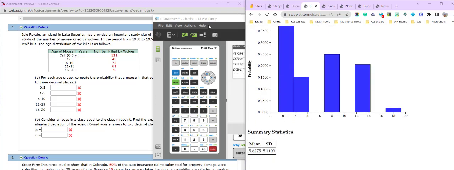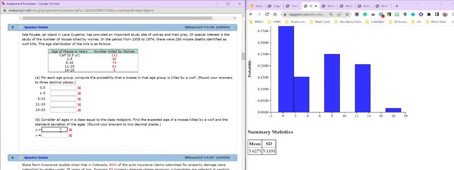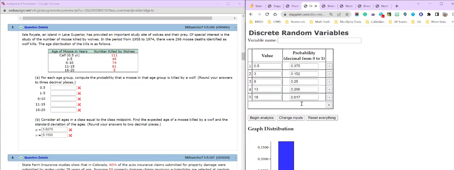Okay, so I created my table. Now, that gives me the mean and standard deviation, so I can just type those down here. 5.6275. 5.1103. For each age group, compute the probability that a moose in that age group is killed by a wolf. Oh, guess what? That's these.